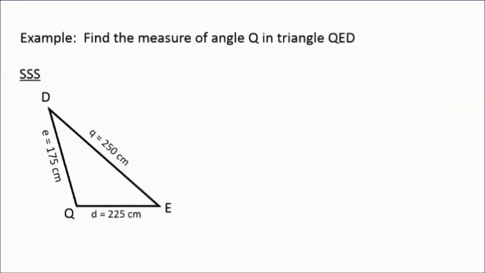Okay, now in this example, I'm looking for the measure of an angle. So we have to be really careful with the math here. You'll see why. This is side, side, side.